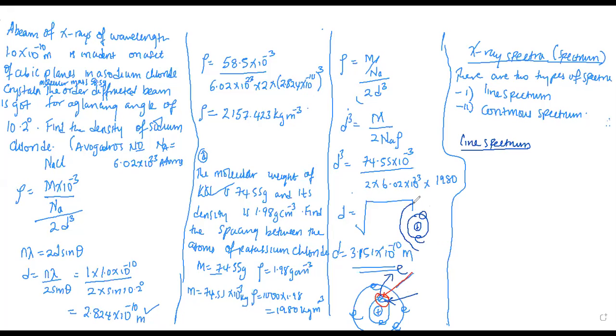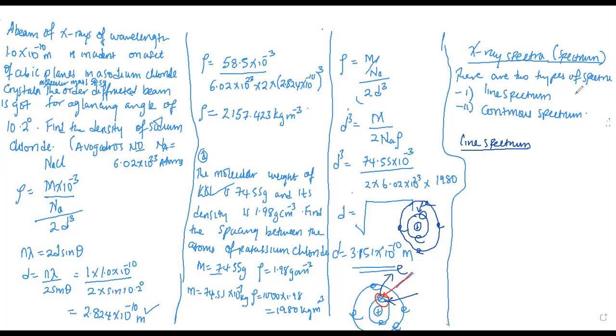The atom is not electronically balanced, so it becomes unstable and excited. When it becomes unstable and excited, an electron transition will occur. The electrons which are up here will make a transition and move to fill the vacancy that has been created.